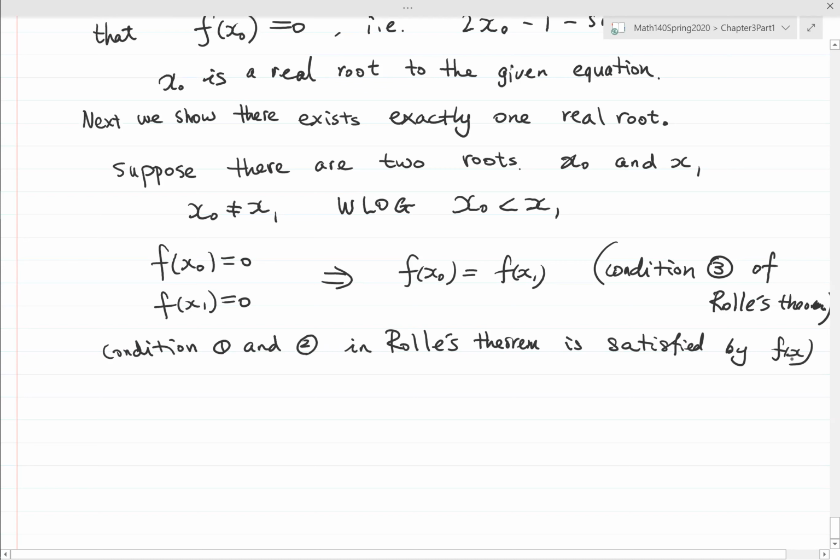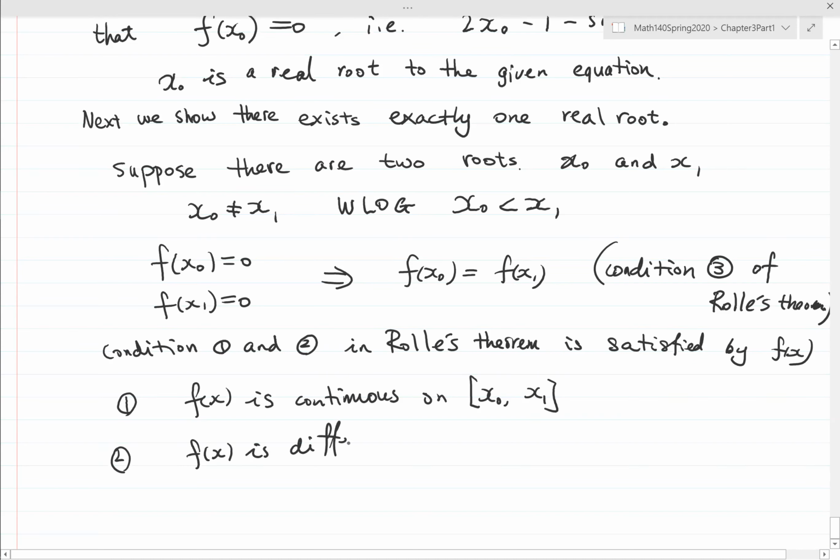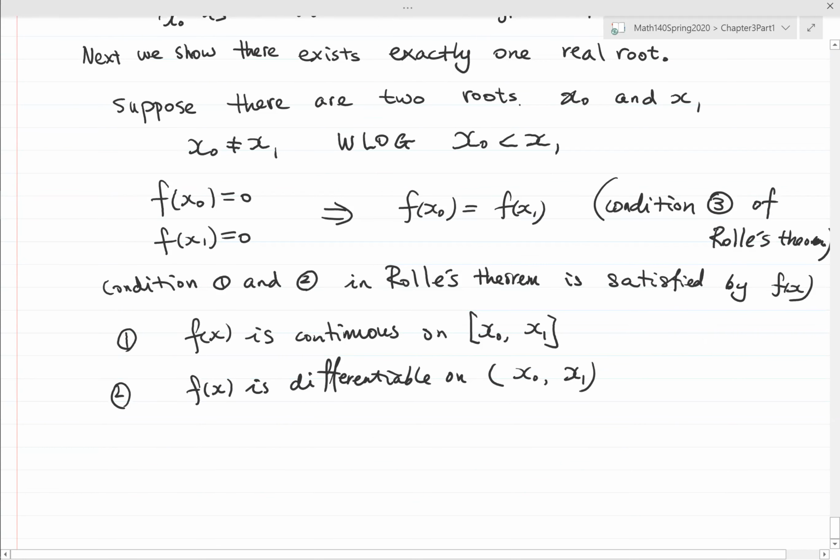F is continuous on the closed interval x0 to x1. Second, f is differentiable because it's differentiable everywhere. In particular, it's differentiable on the open interval x0 to x1. So condition 3 is already done.